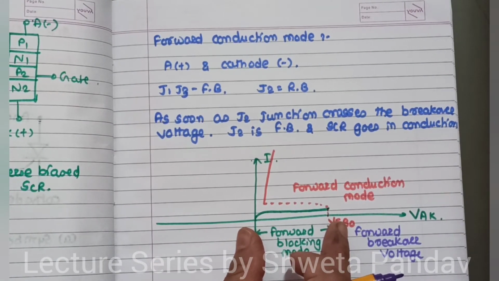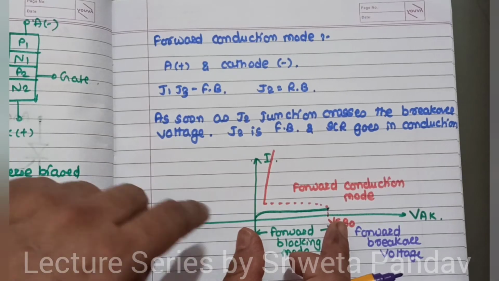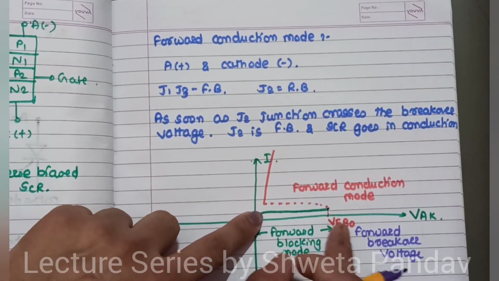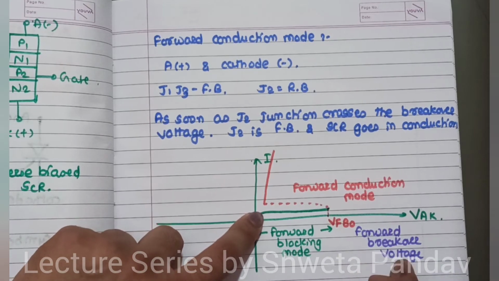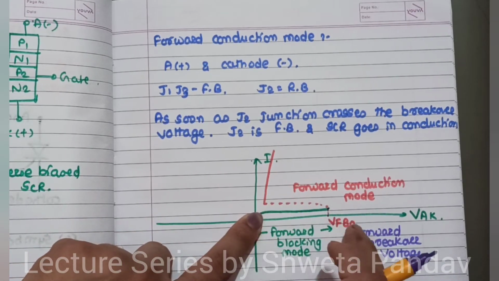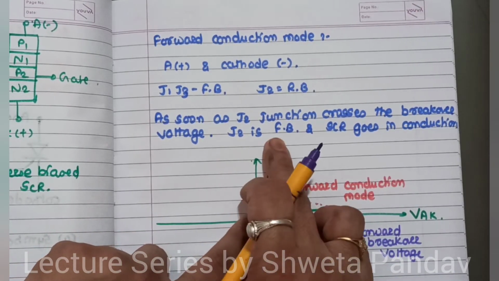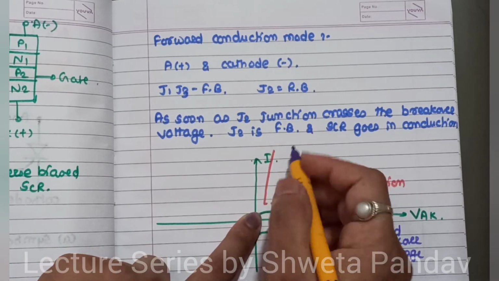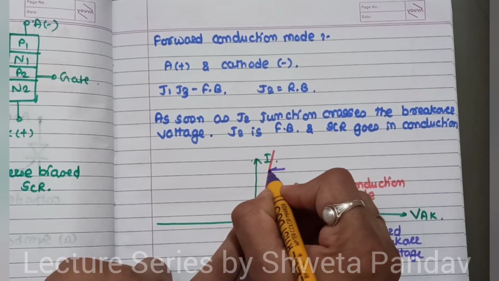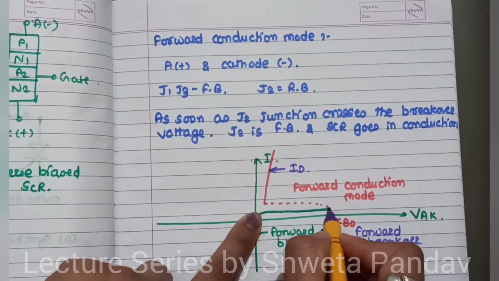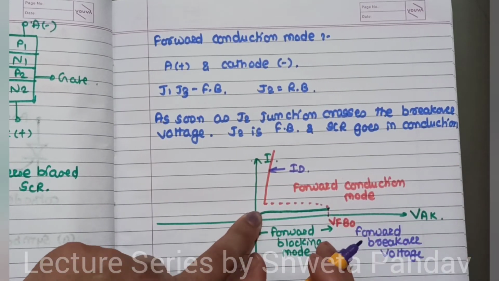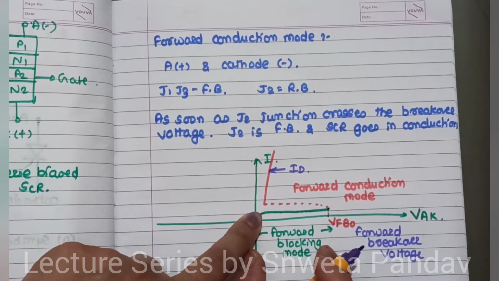The SCR is nearly turned off during this period, and after the anode to cathode voltage crosses the forward breakover voltage, the SCR is turned on immediately and the anode current flows across our SCR. This red colored part is called forward conduction mode, and this green line is called forward blocking mode.